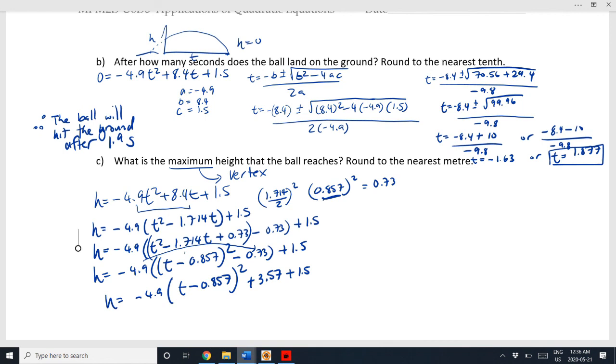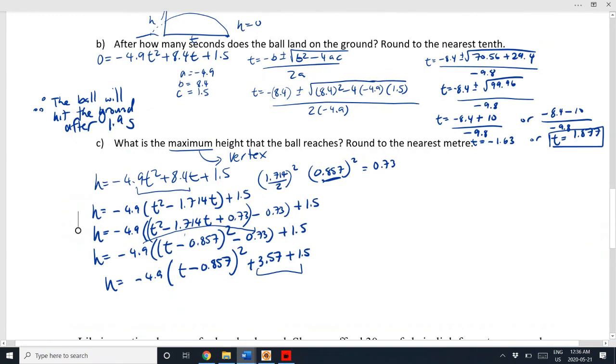We're just adding these two terms at the end, and we're going to get an h of 5.07.